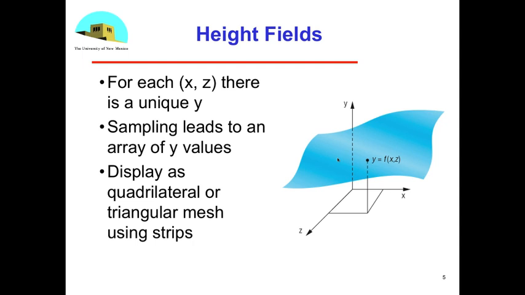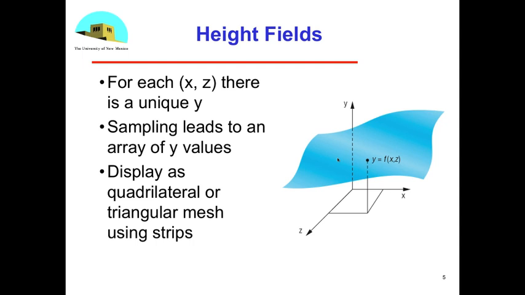But then when I want to display it, I'm going to take those values and know that I'm stepping through this matrix corresponding to equal steps in z and x, and I can say here's a matrix of height data for a region, and I construct little quadrilaterals by taking 4 adjacent points from the data set and constructing a 3-dimensional little rectangle in space that has those 4 points as its vertices.